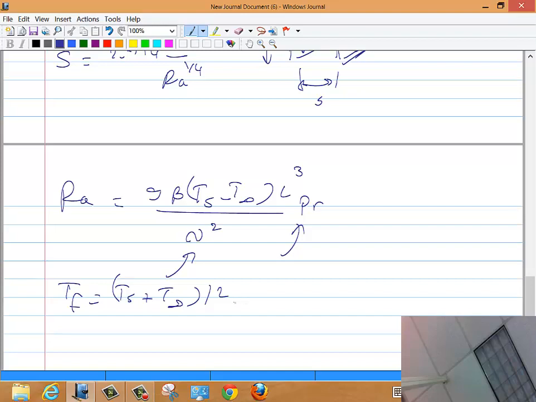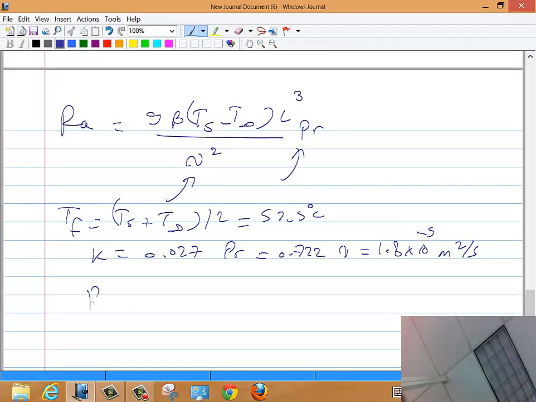And so how much was that? That was 52.5. And so then you can get the K 0.027, the Prandtl 0.72, and the nu 1.8 times 10⁻⁵ meter square per second.